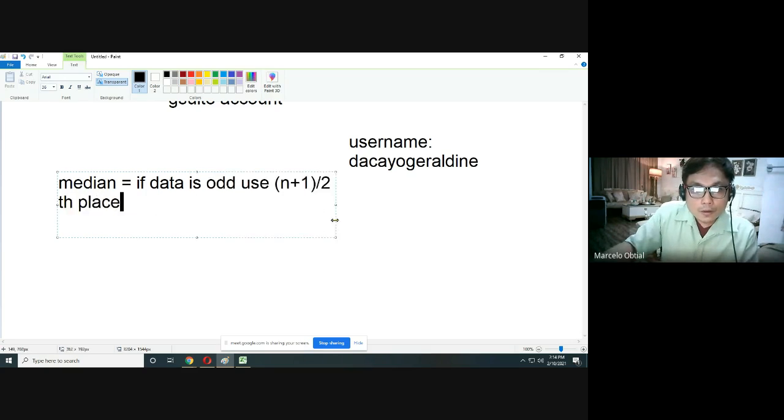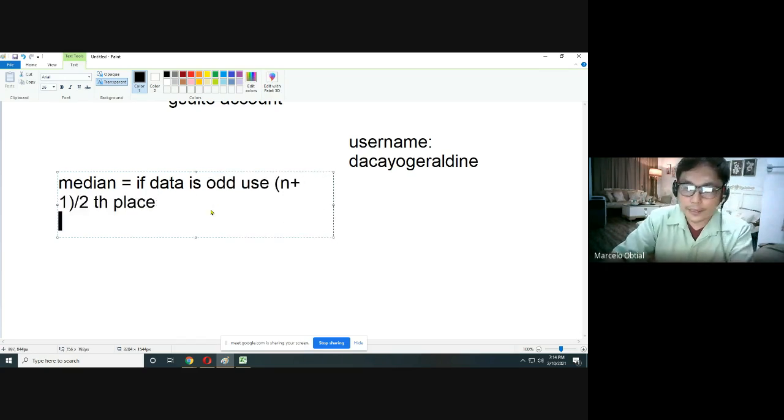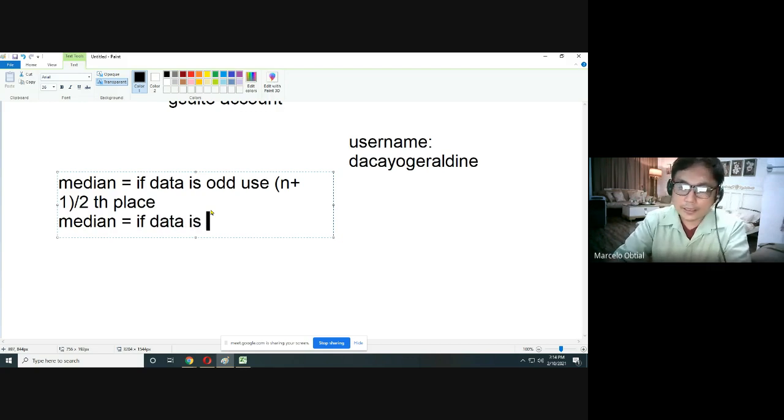Now, if the data is even, class, kayo na lang intindi, anong formula ang gagamitin natin? Use n, for example, 12 yung lalabas, no? So, n divided by 2, tama?